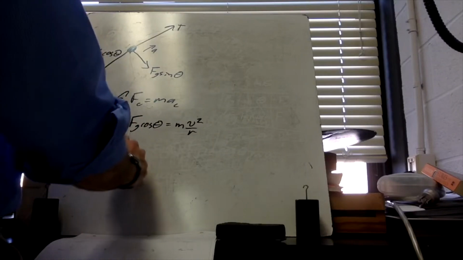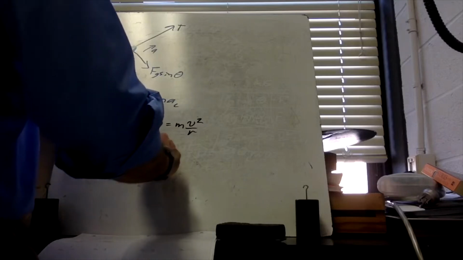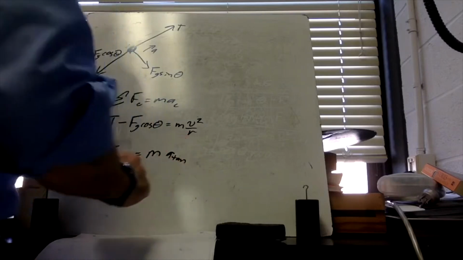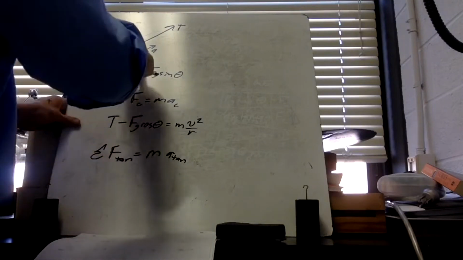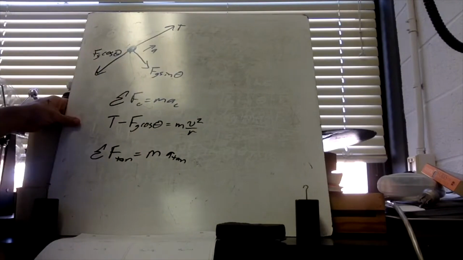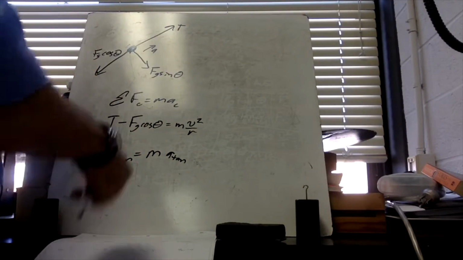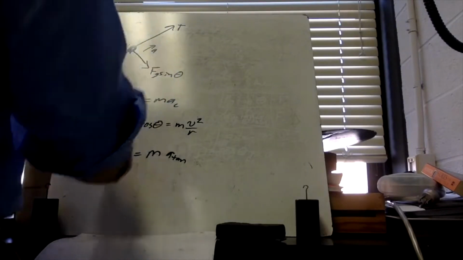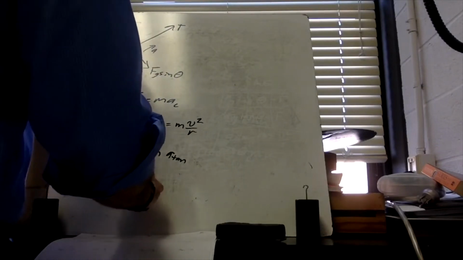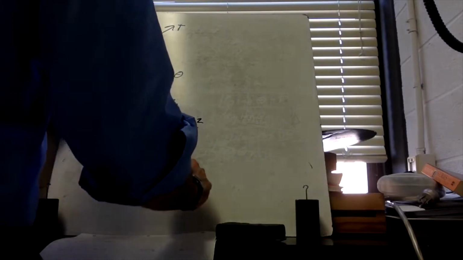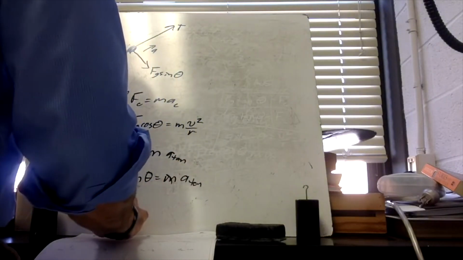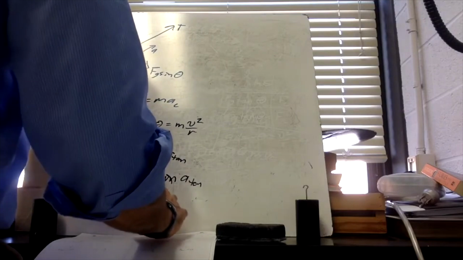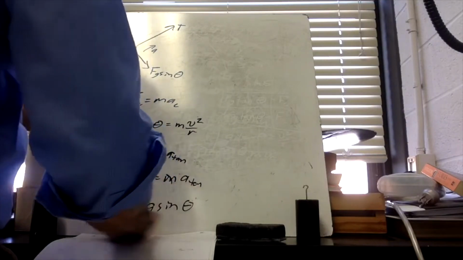Sigma F tangential equals m a tangential. This is the only force in the tangential direction, Fg sine theta. And Fg is mg, so mg sine theta equals m a tangential. The m cancels out, so a tangential is just equal to g sine theta.